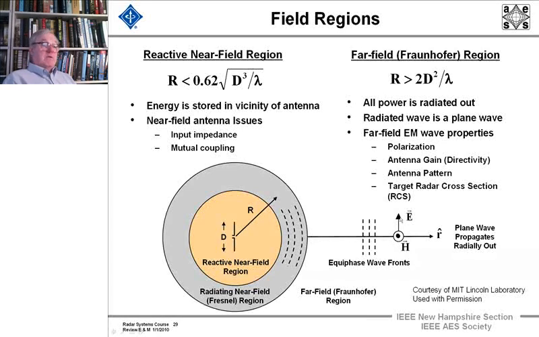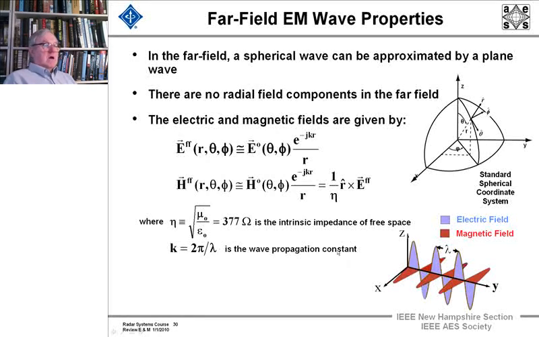And here, for this particular cartoon, would be the electric field in the plane, the magnetic field coming out of the view graph, and the plane wave propagating out radially. Now here in the spherical coordinate system, you can approximate that plane wave.